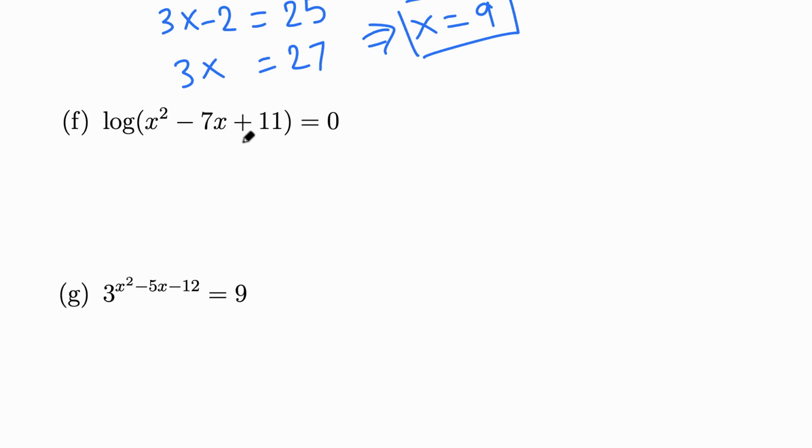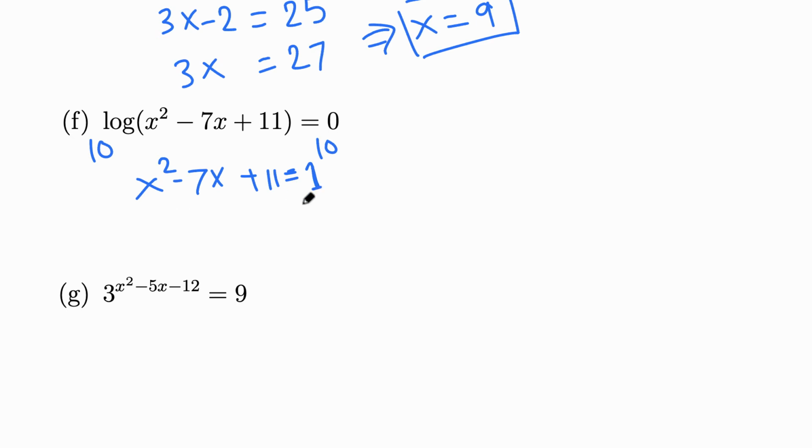Here we have log with no base, which means base 10. So 10 raised to the left side equals 10 raised to the right-hand side. 10 and log base 10, their actions cancel. That leaves x squared minus 7x plus 11 equals, a number raised to 0 is 1, so this is 1.